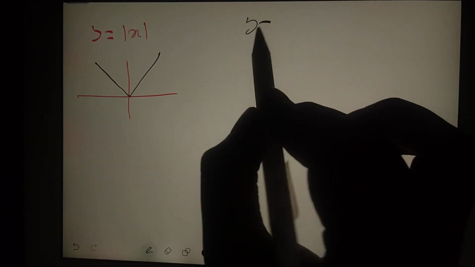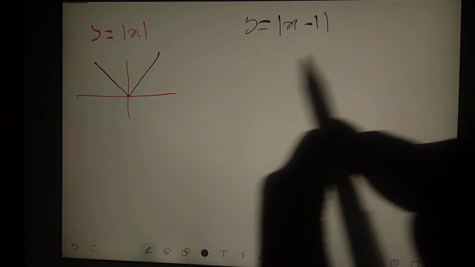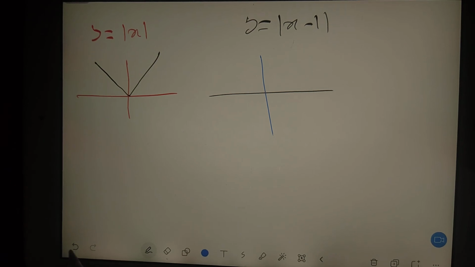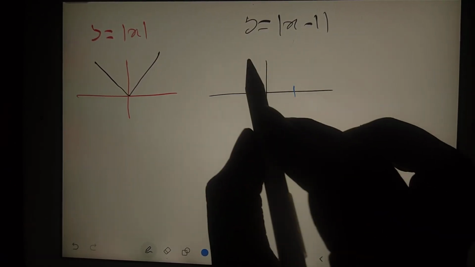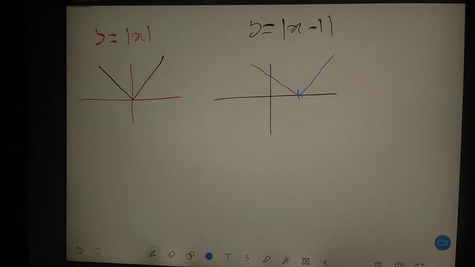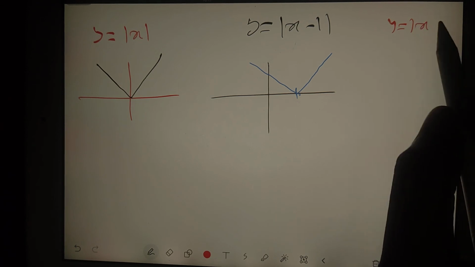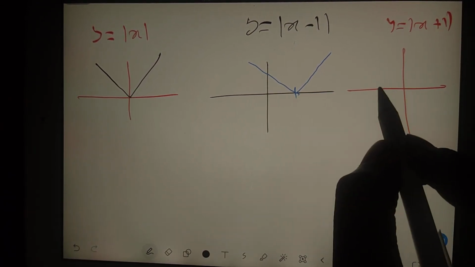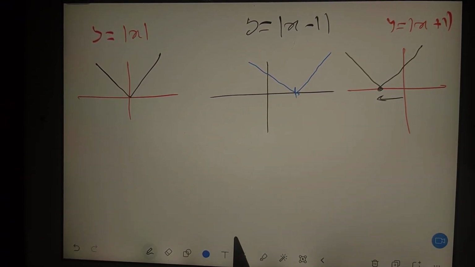If you want to draw y is equal to mod of x minus 1, then you shift the graph to the right side. Right side means here you have y is equal to this. If you have y is equal to mod of x plus 1, in that case you shift your graph to minus 1, like here. This will be your graph.